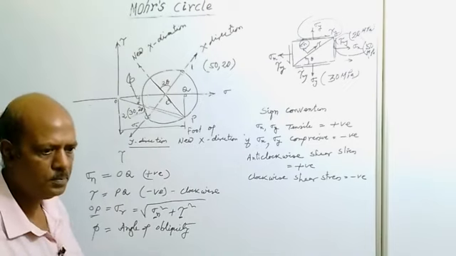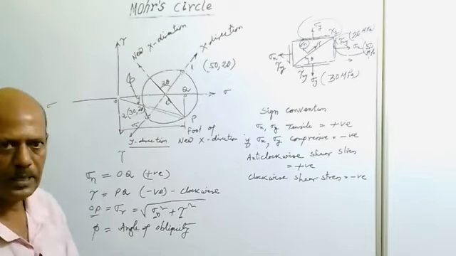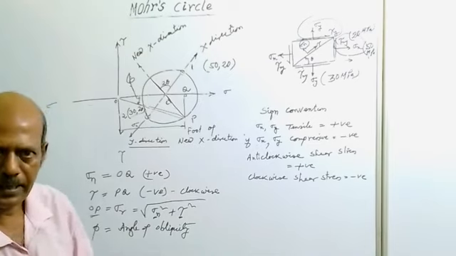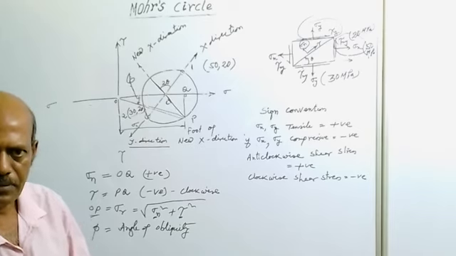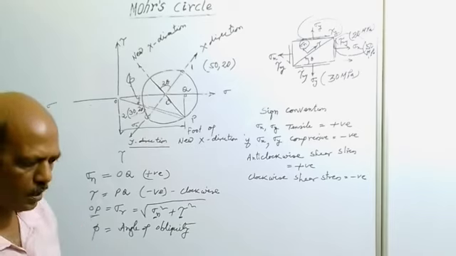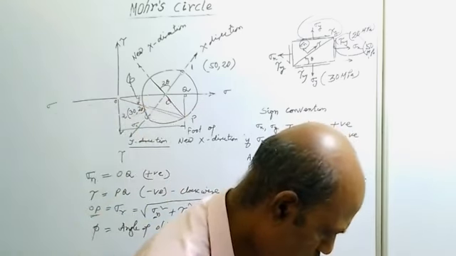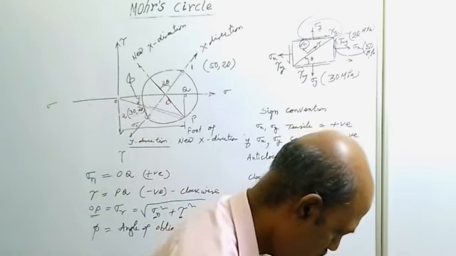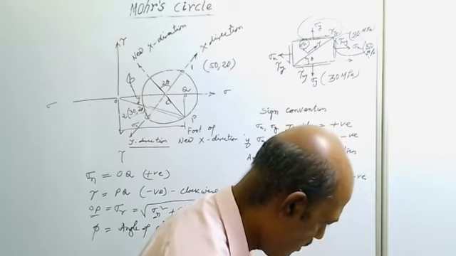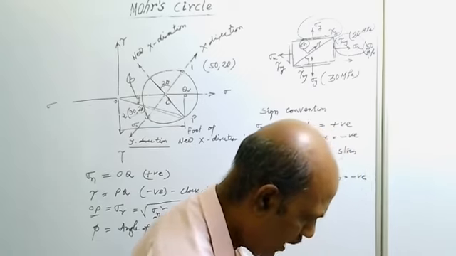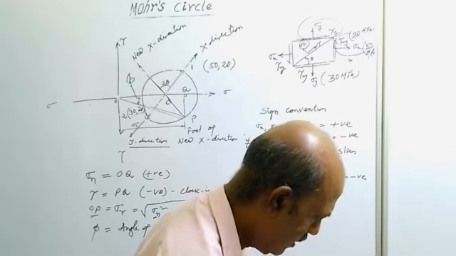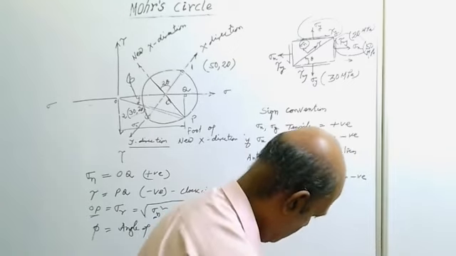So I hope this will clear your idea regarding the construction of Mohr circle. We will solve some problems. So today we will see one problem, and next class we will see some more problems.